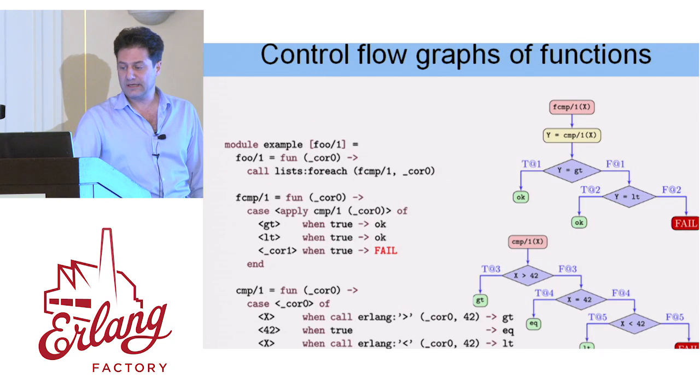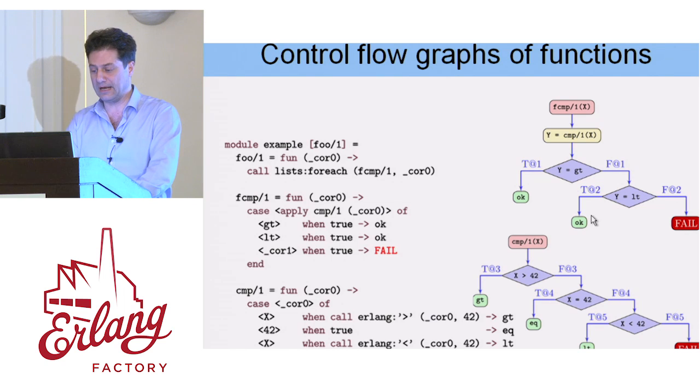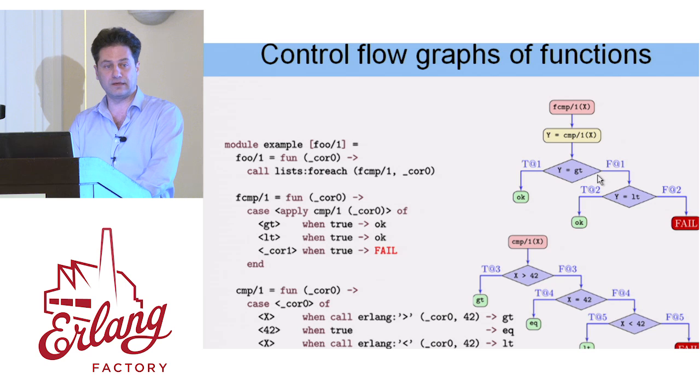So if you see this program as control flow graphs for each function, you will see that, for example, there is a pattern matching compilation happening, and there are tests. So for example, the fCompare function calls compare and then checks whether we have a GT output or an LT output. Otherwise, it fails if none of them is true.